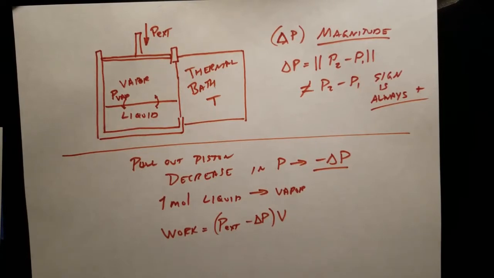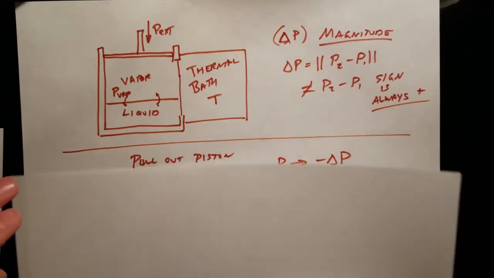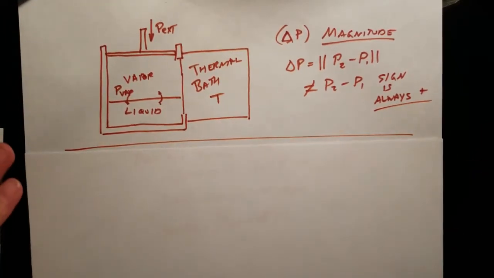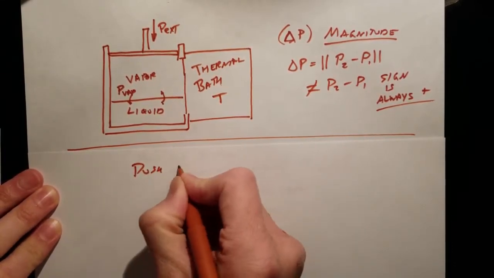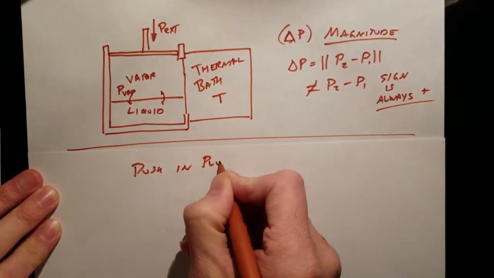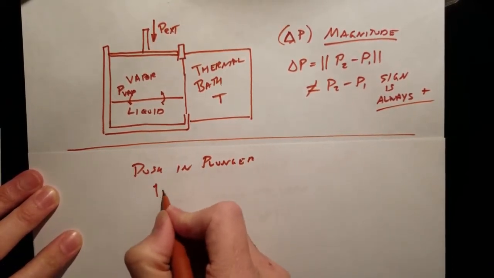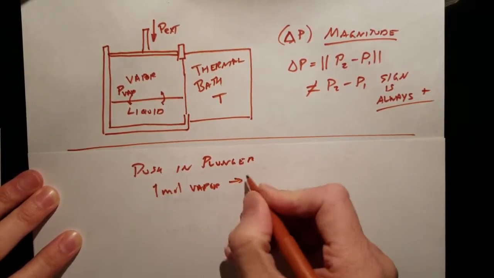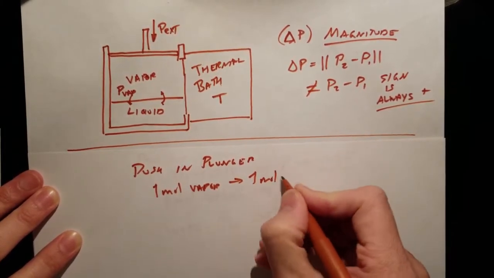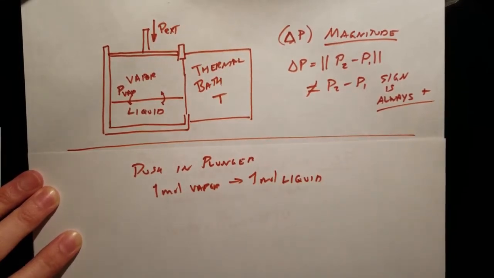If, on the other hand, we had taken this and, once it's pulled out, we push the plunger in, and we do this until 1 mole of vapor transforms into 1 mole of liquid.